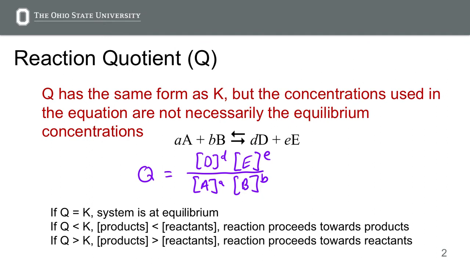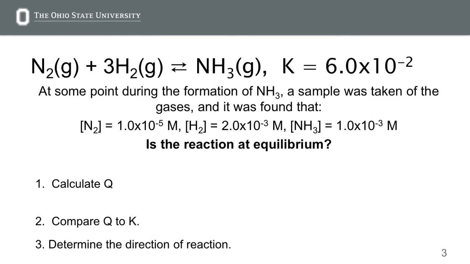So that means Q is less than K. Then if we have more products, a larger value in the numerator than at equilibrium, Q is going to be greater than K. We have to form more reactants to get back to equilibrium. So if Q is greater than K, we have more products than reactants. Let's do a calculation, and then we're going to look at how this plays out graphically.